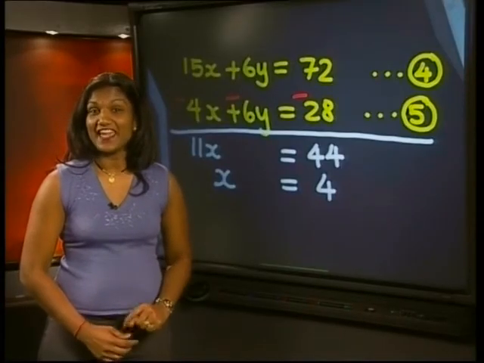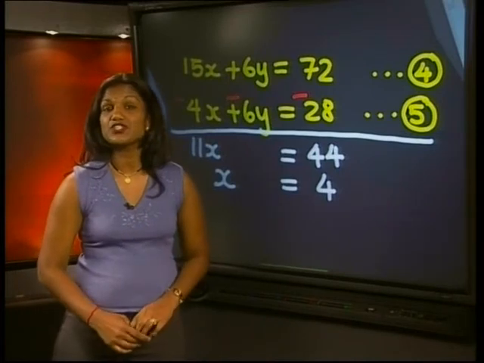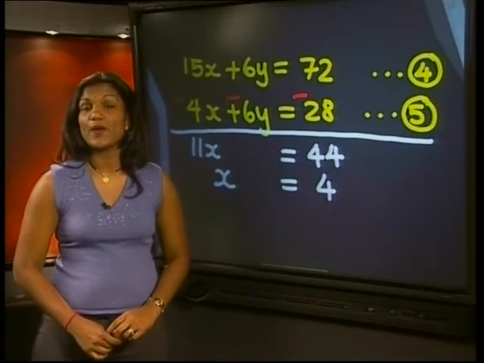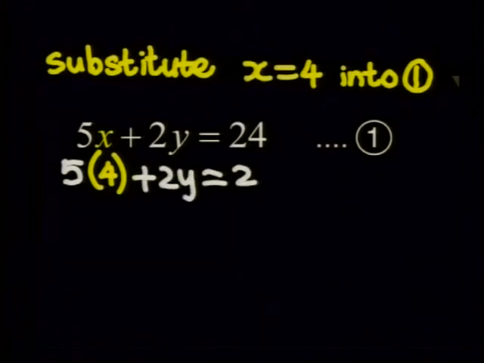We're nearly at the end. We just now need to find y. We can do this by substituting x equals 4 into any equation. If we substitute x as 4 in equation 1, we get 5 multiplied by 4 plus 2y is equal to 24.